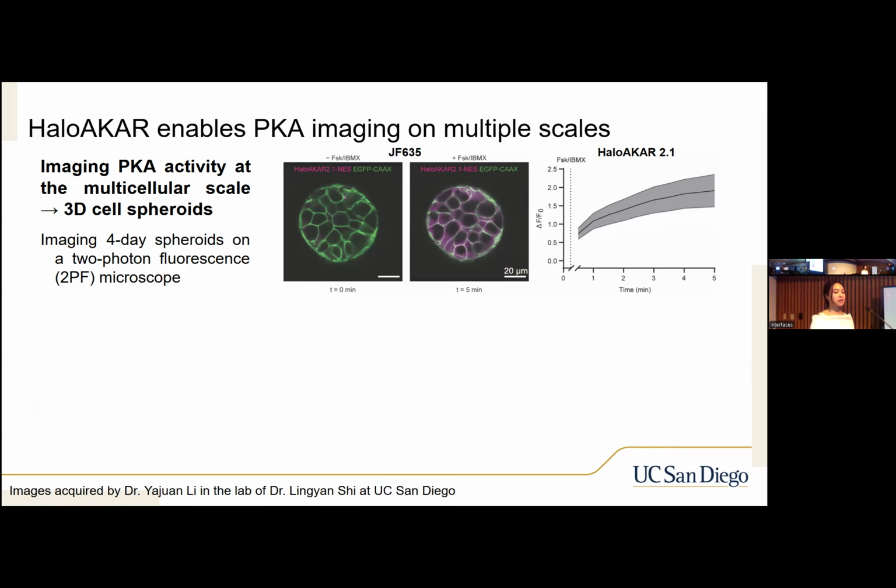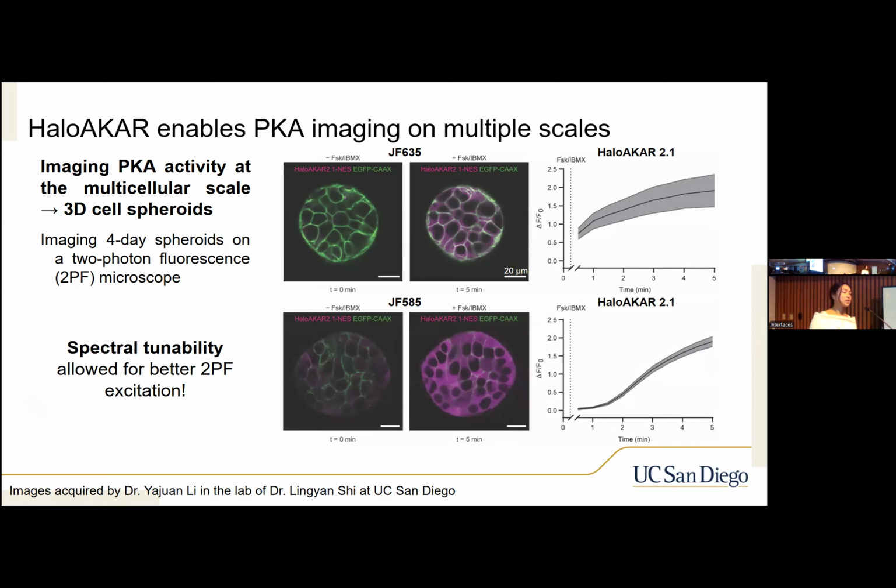So to address that, we took advantage of the sensor's spectral tunability and labeled the sensor with JF585 instead, which is a red dye. We saw a greater signal from the sensor in both the unstimulated and stimulated states. And we also achieved the full anticipated dynamic range of the sensor labeled with JF585.